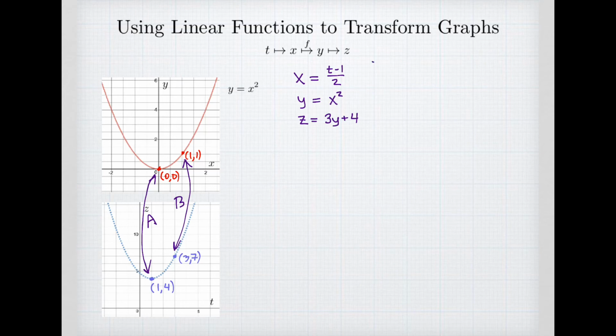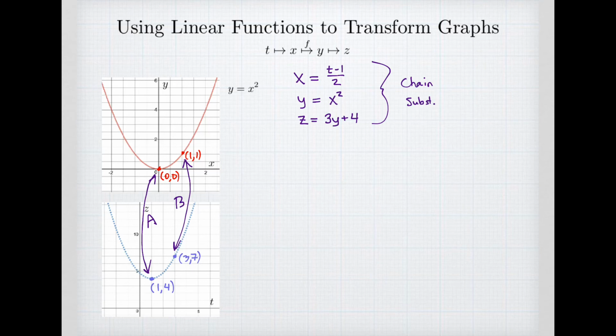This creates for us a chain of relationships. We have a relationship that says how to go from t to x, from x to y, and from y to z. We can find an equation for z as a function of y by using substitution or composition.